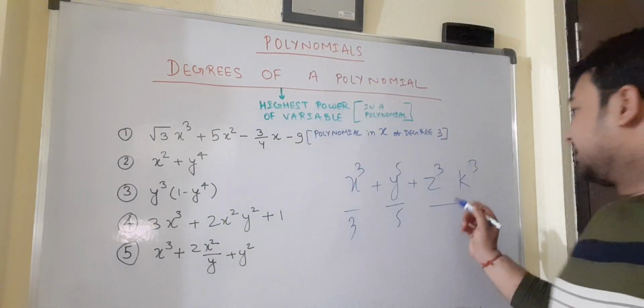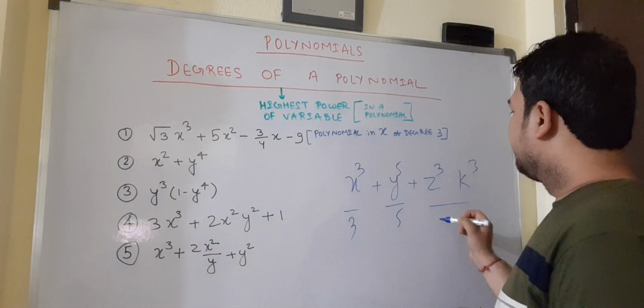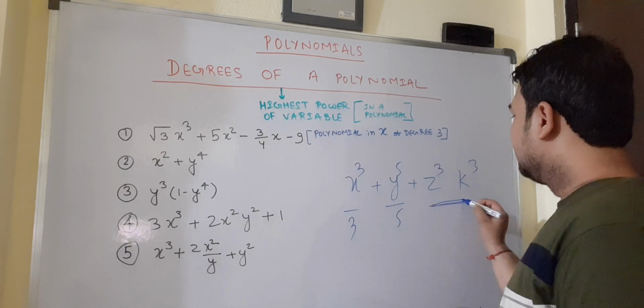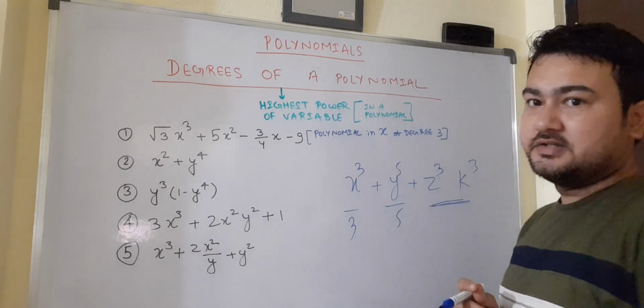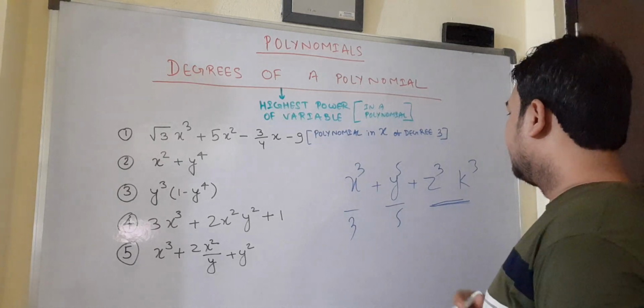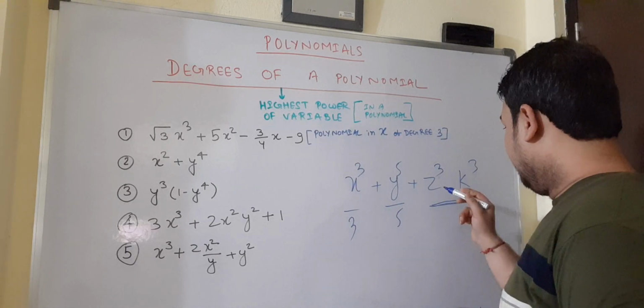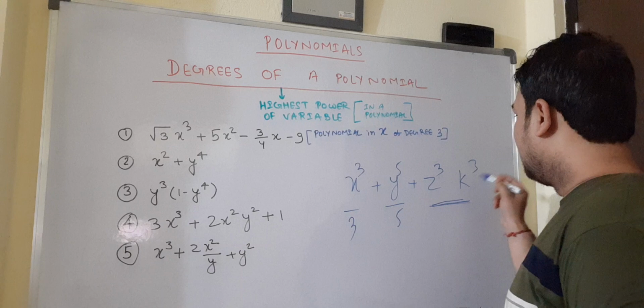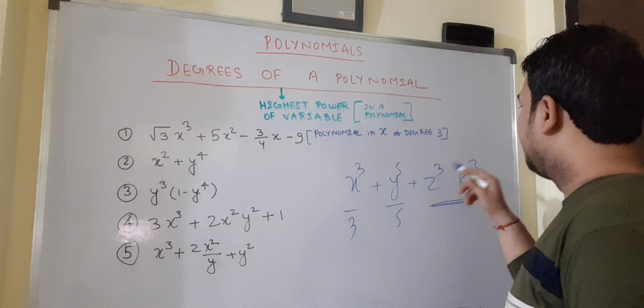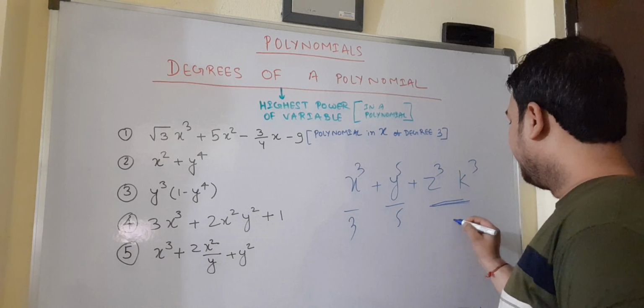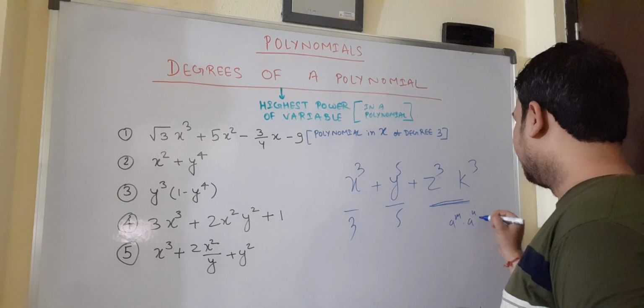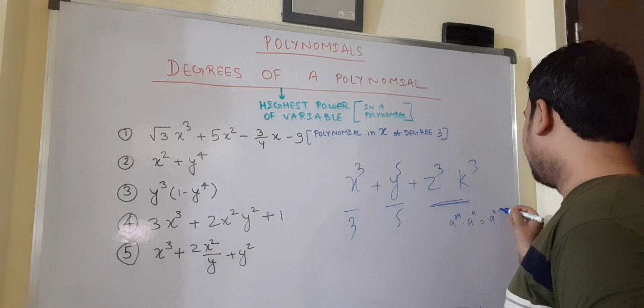But in this case, we consider these 2 variables as one variable. If suppose this is z and this is also z, then what will be the power? Then power will be 3 plus 3, a to the power m into a to the power n. The powers add up, m plus n.